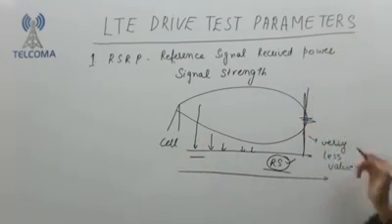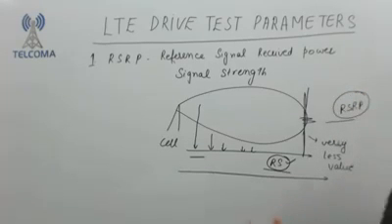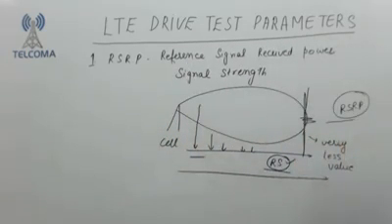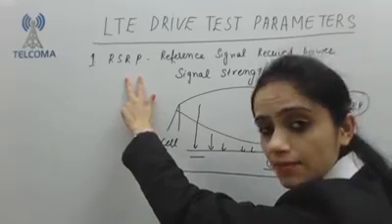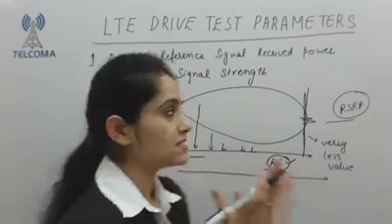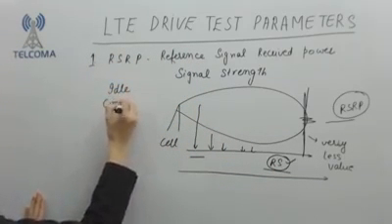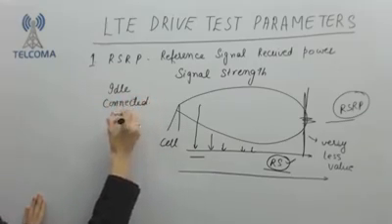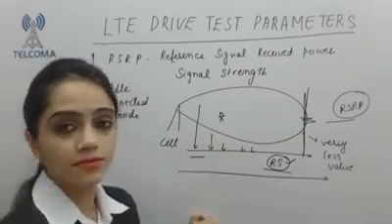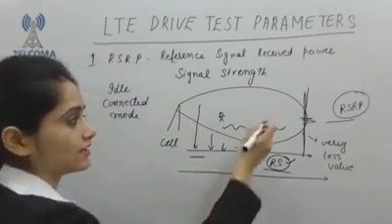And if in any case I am not getting an RSRP value, this means I am not getting LTE coverage. That means this RSRP parameter will tell us the absolute strength of the signal, and this RSRP parameter is used in both idle and connected modes. If the user is sitting idle at this point, it should have an RSRP value, and when it starts moving, its RSRP value should be there so that it can match.